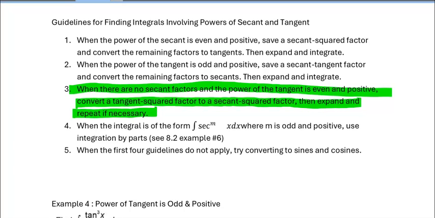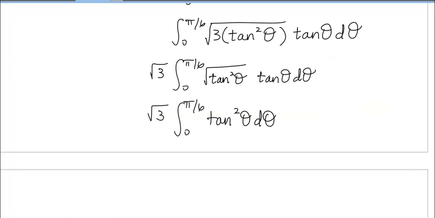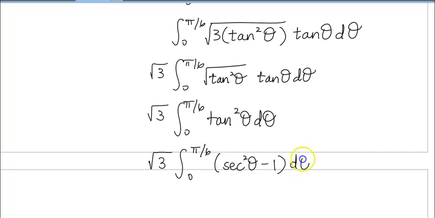So I'm going to take the advice from 8.3 where we learned how to evaluate trigonometric integrals, and convert the tangent squared into a secant squared factor using a Pythagorean identity, because tangent squared is equal to secant squared theta minus 1.